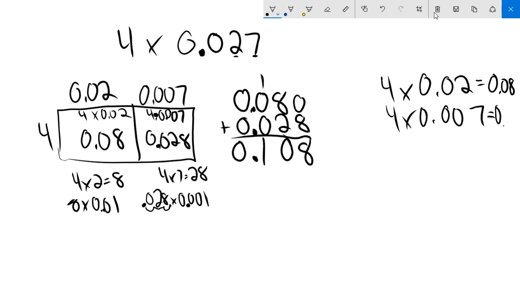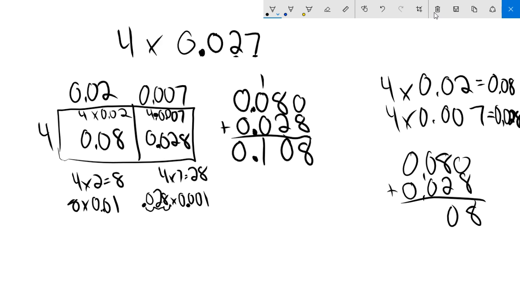This would be 28 thousandths. Add them together, which I am having some problems with my tablet. There we go, adding them together. It's the same numbers. If it doesn't come out the same, math has gone haywire. There we go. All right, and we get the same exact amount.